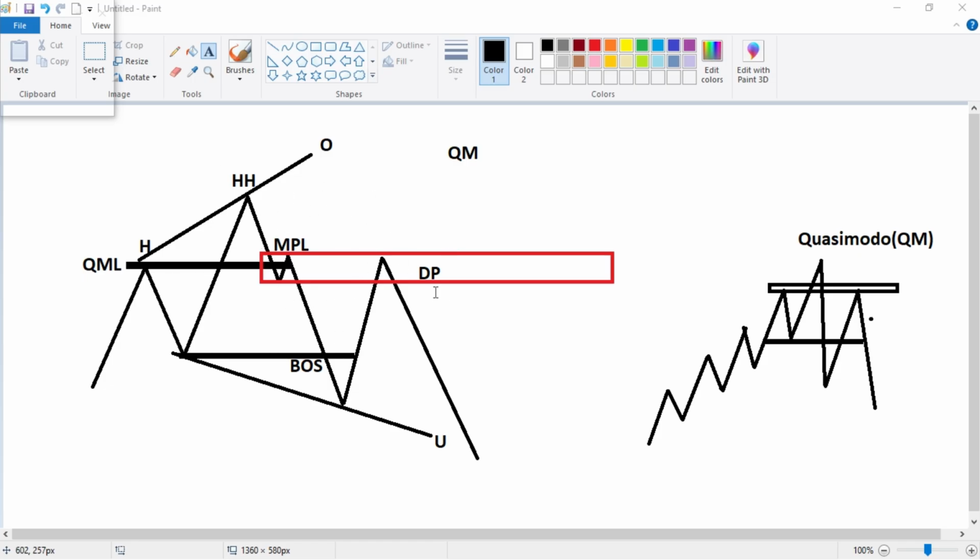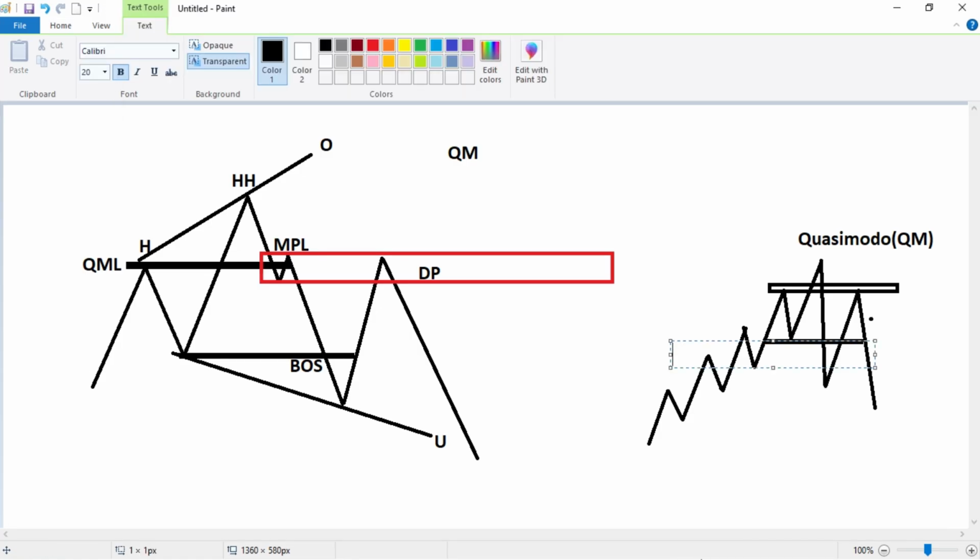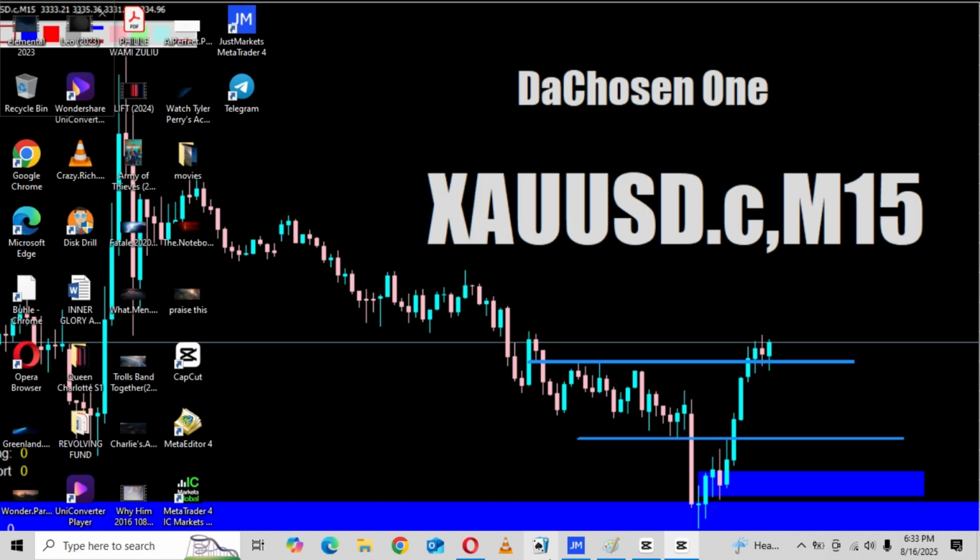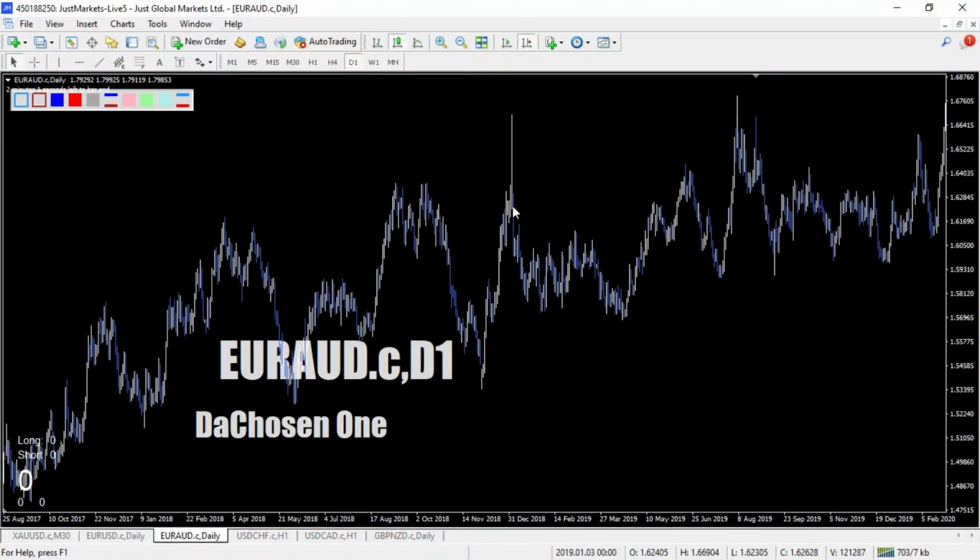So let's go into the charts so that you can see a QM. Let's go to the chart so that you can identify a QM.